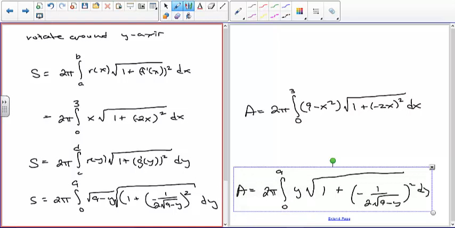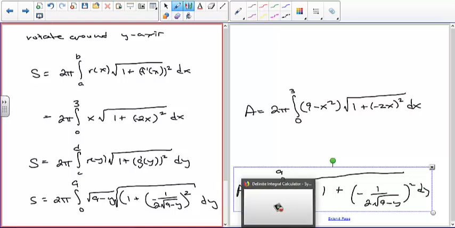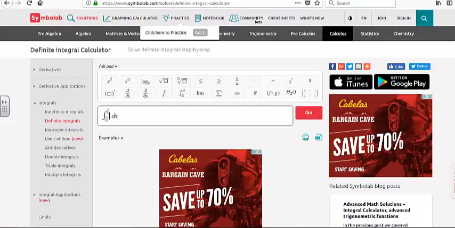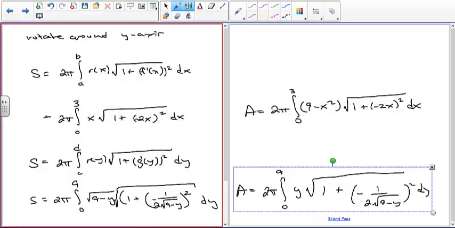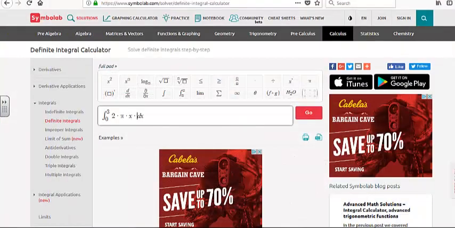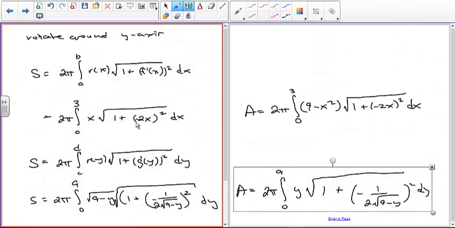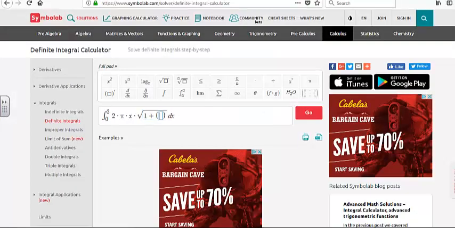So it's going to be 2 pi, from 0 to 3. So let me put that in there. 0 to 3, 2 times pi times x times the square root of 1 plus negative 2x quantity squared.